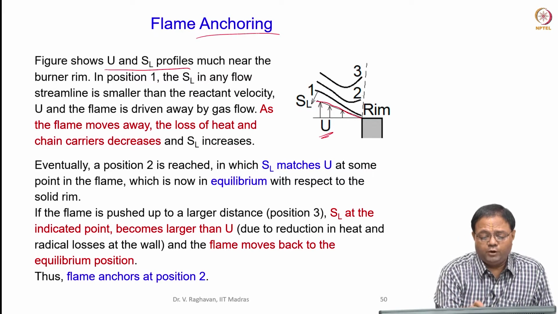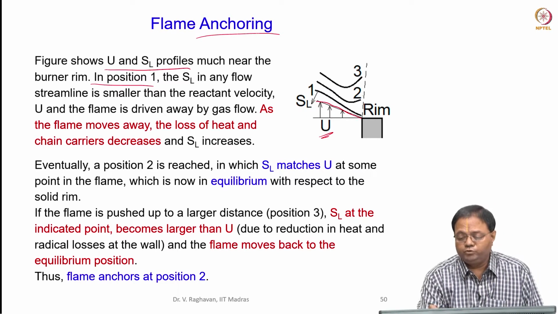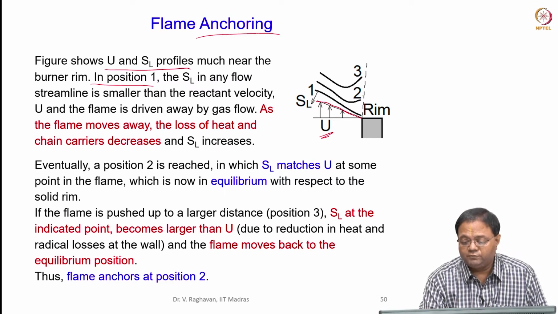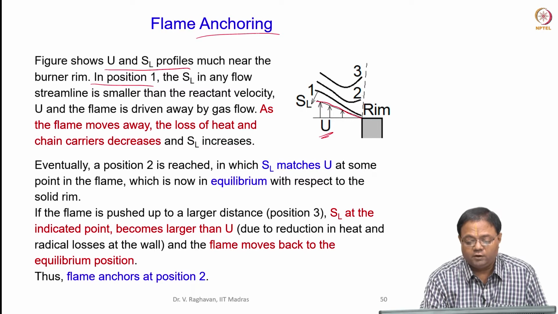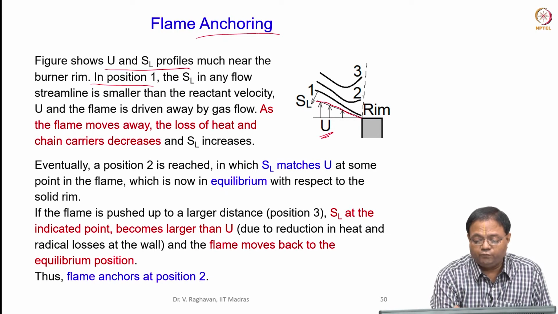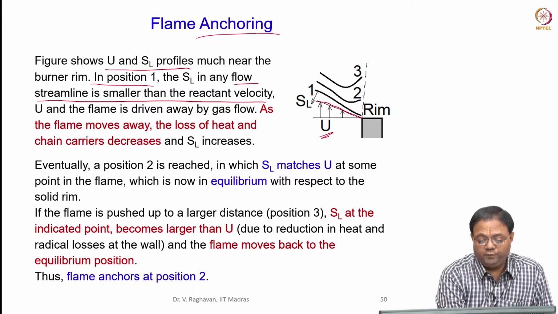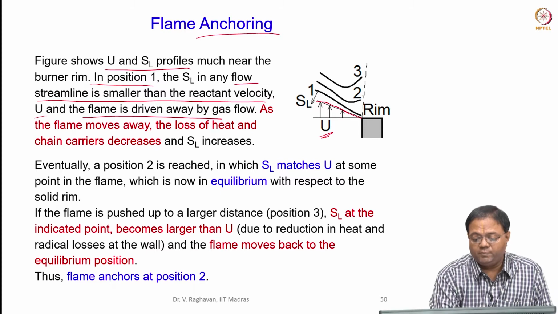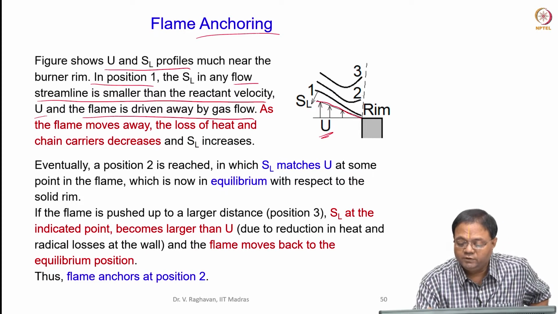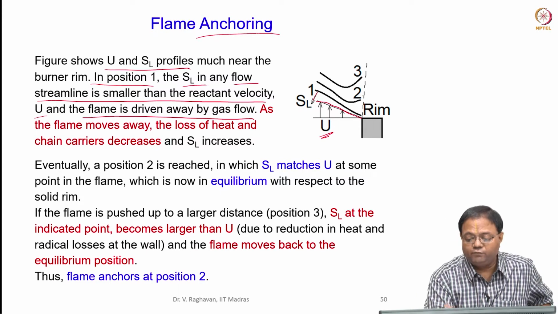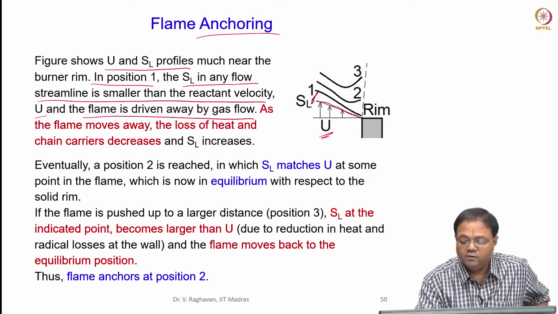Now in position 1, what happens is the SL is smaller. So the SL in any flow streamline is smaller than the reactant velocity U, and the flame is driven away by the blow gas. You can see this SL in any flow streamline is smaller than this.